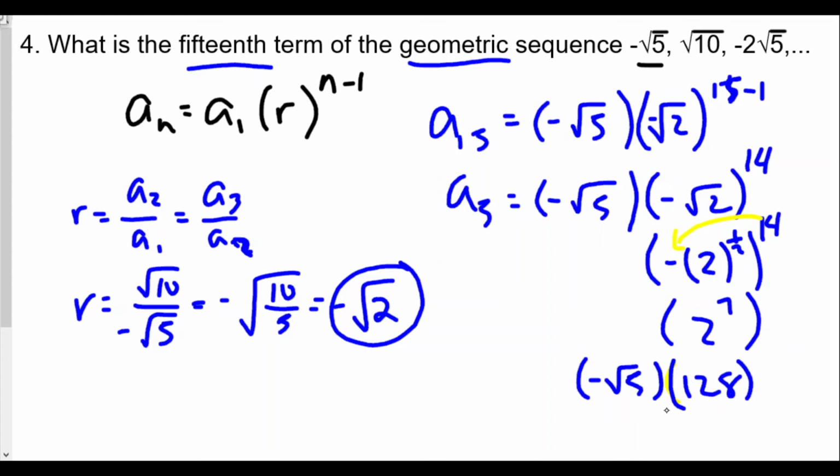So our 15th term, a15, equals negative 128 times the square root of 5.